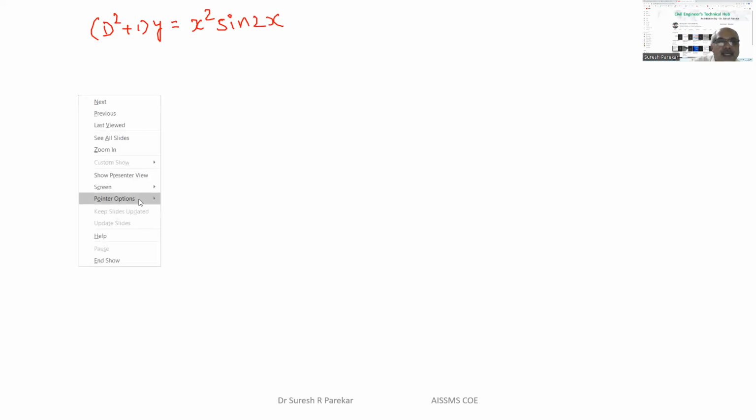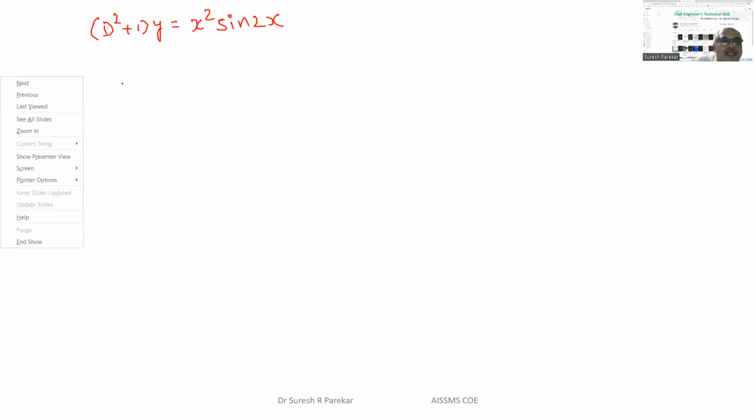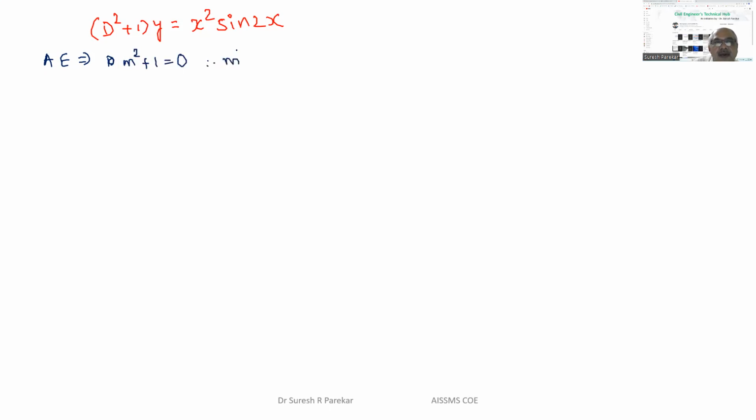First we have to find the auxiliary equation for the complementary function. So we have m square plus 1 equals 0, and therefore m square equals minus 1, so m equals plus minus i.